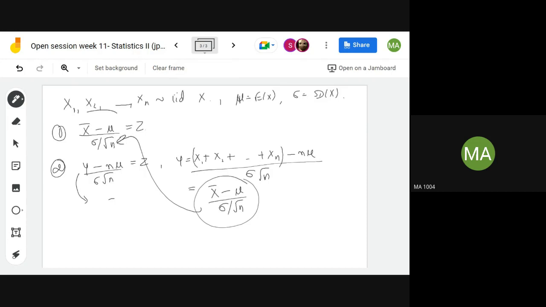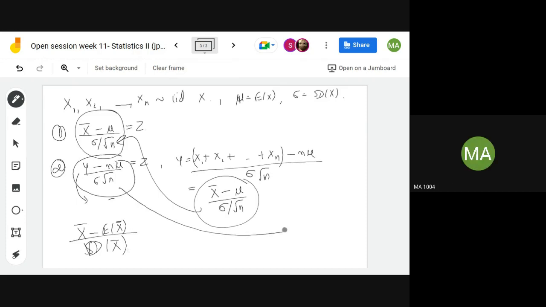So how you can remember: x bar minus mu, where mu is the expected value of x bar, and the denominator is the standard deviation of x bar. Here we are working with a sample mean.